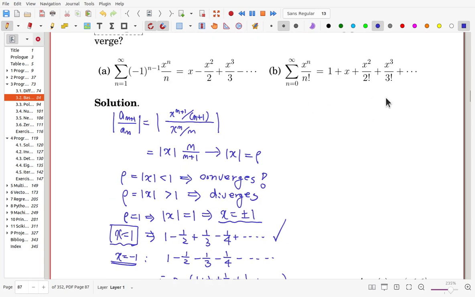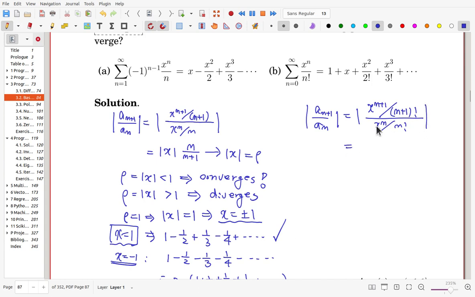Okay, for this one, you can do the same. Because of the factorial term here, if you try to measure the absolute value of a_(n+1) over a_n, that is the absolute value of x^(n+1) over (n+1) factorial, divided by x^n over n factorial.